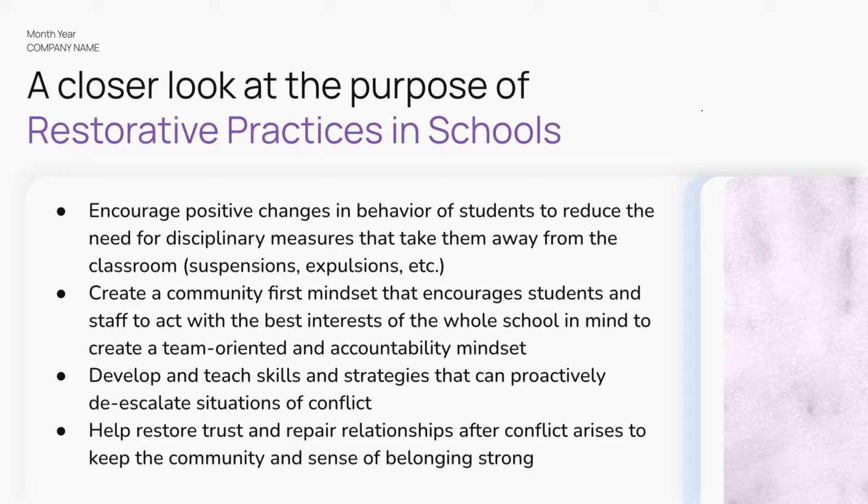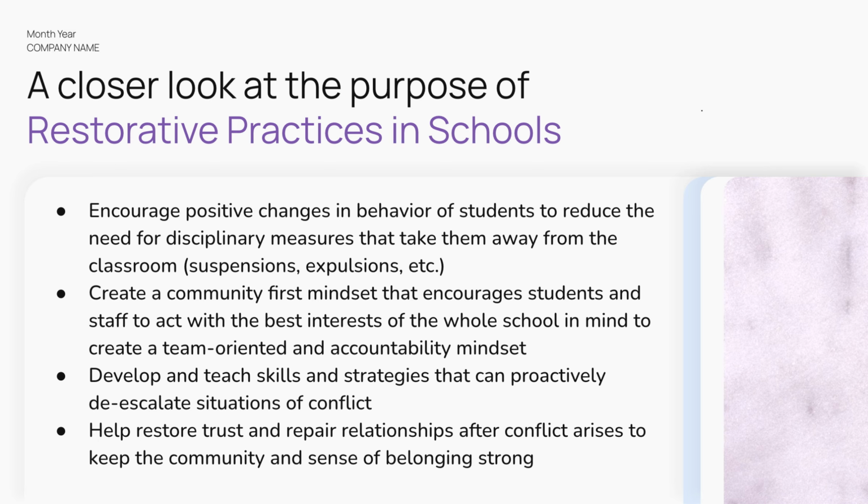And to do that, we have to develop and teach skills and strategies that can proactively de-escalate situations of conflict, avoid conflict altogether, and also help to foster an environment and a community that people and students want to be a part of to begin with.